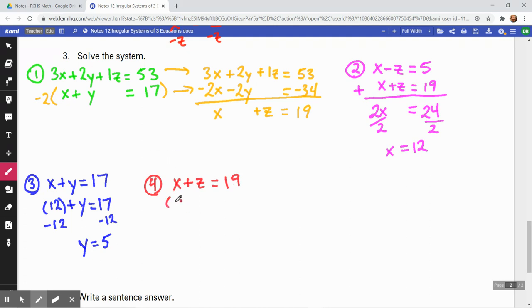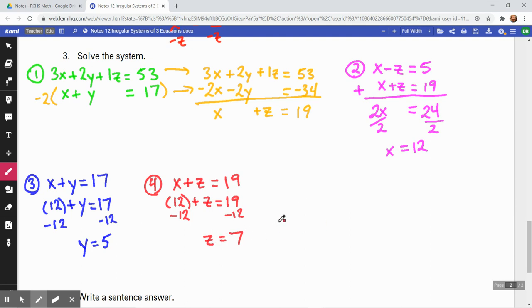So let's replace this x with a 12. We have 12 plus z equals 19. Subtract 12 like we did earlier, and we get z is equal to 7. Okay, and now we have our three values that we needed.